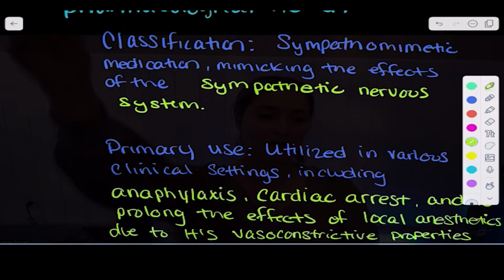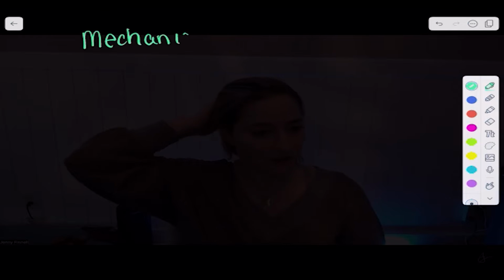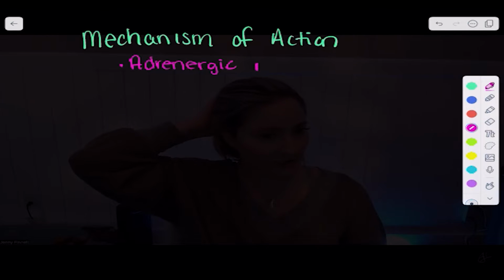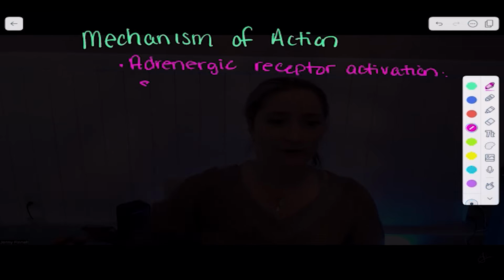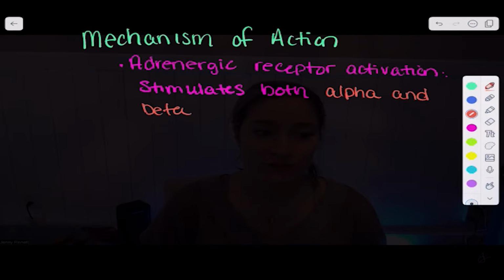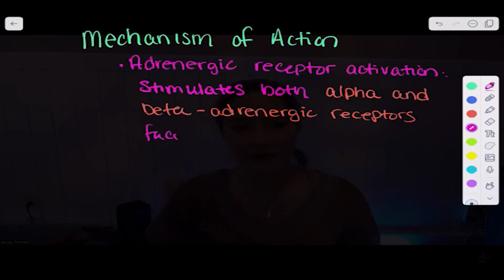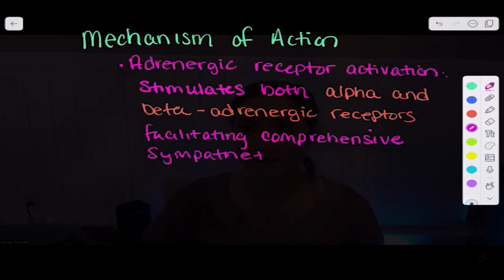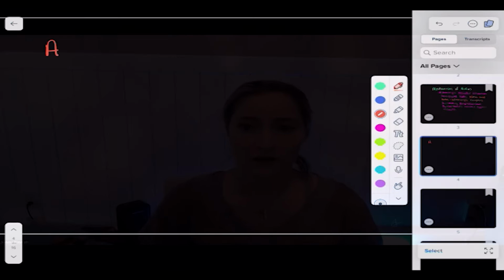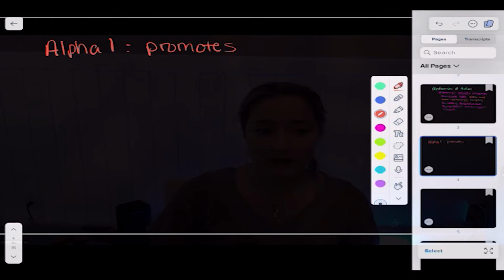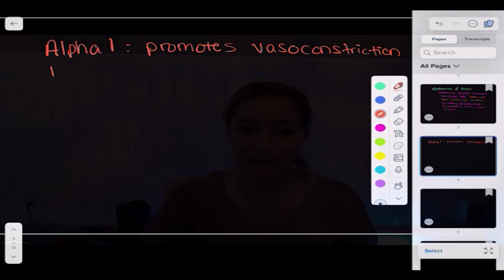Let's go ahead and talk about the mechanism of action. For adrenergic receptor activation, it stimulates both the alpha and beta adrenergic receptors, facilitating a comprehensive sympathetic nervous system effect. We have your alpha-1, which promotes vasoconstriction, increasing peripheral resistance and blood pressure.